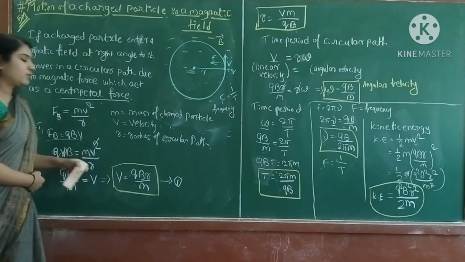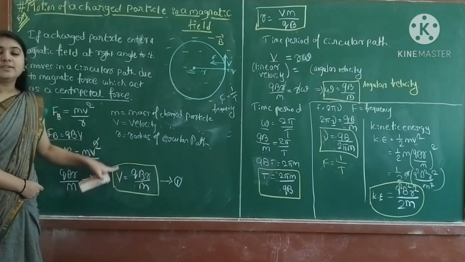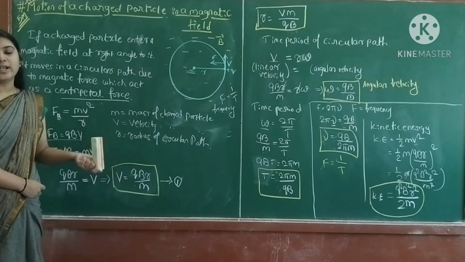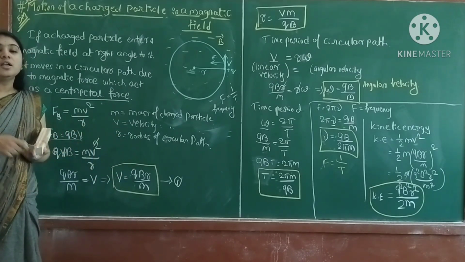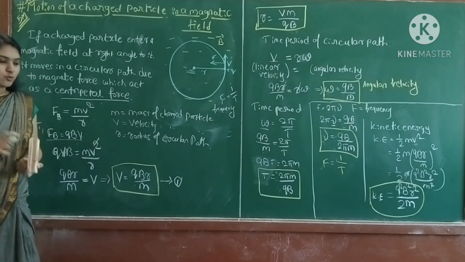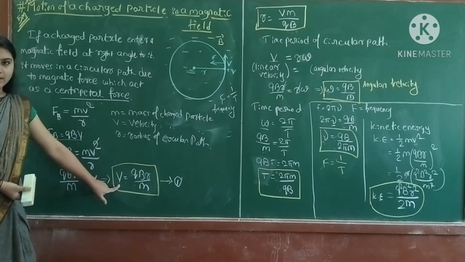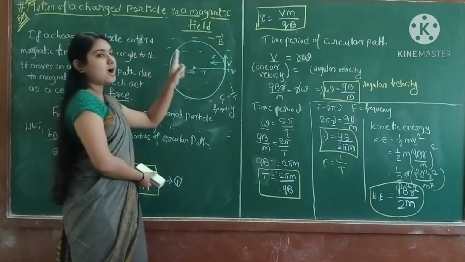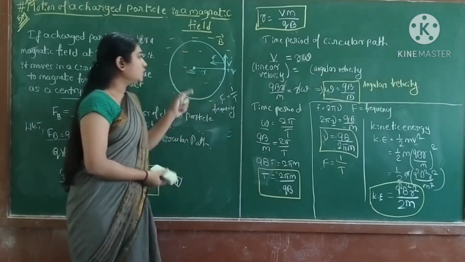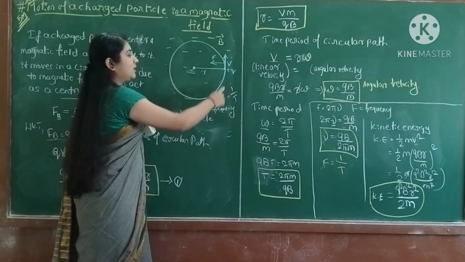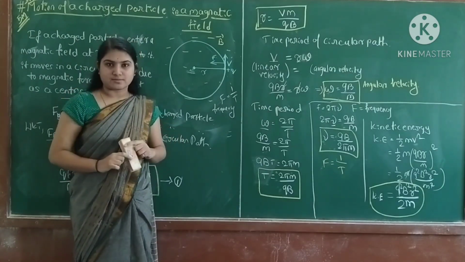Right? So after this, now we calculate the radius. From one equation we can calculate a number of relations; from one relation we can find out many relations. So now r is nothing but vm divided by QB. That I have written there. Then we calculate the time period: the time it will take to cover the circular path.